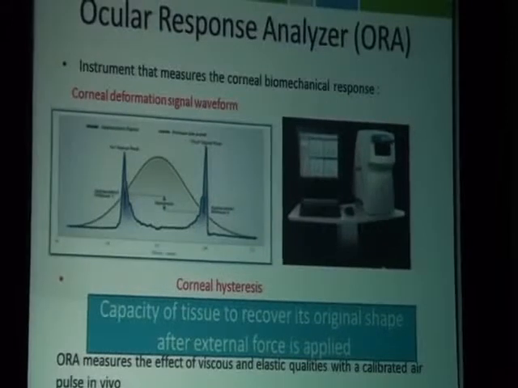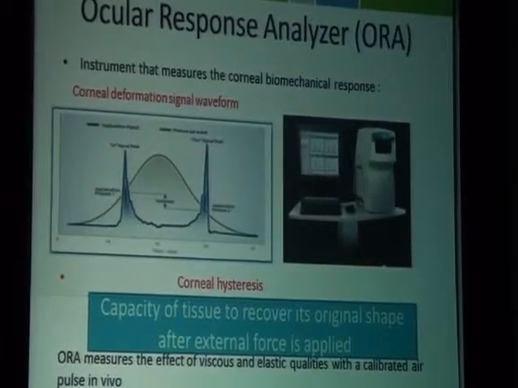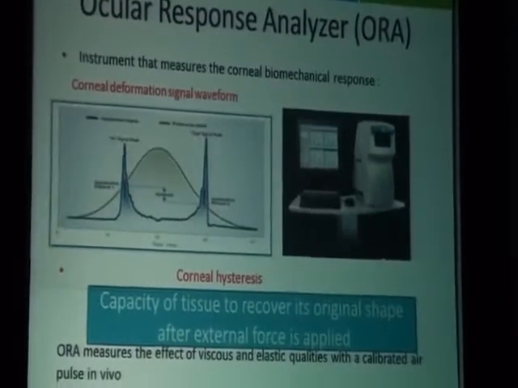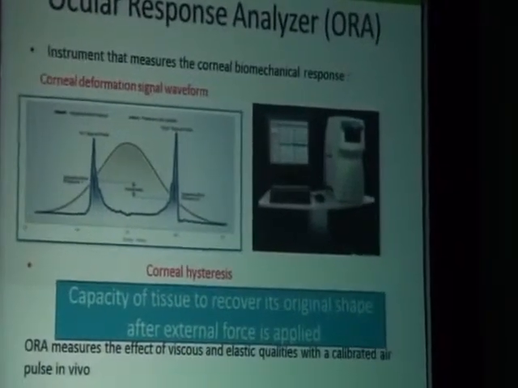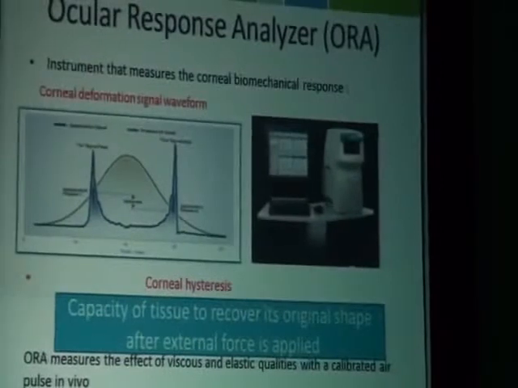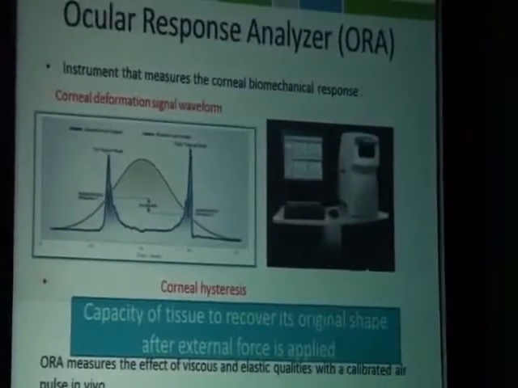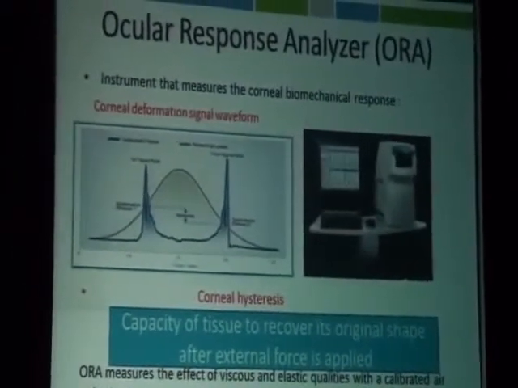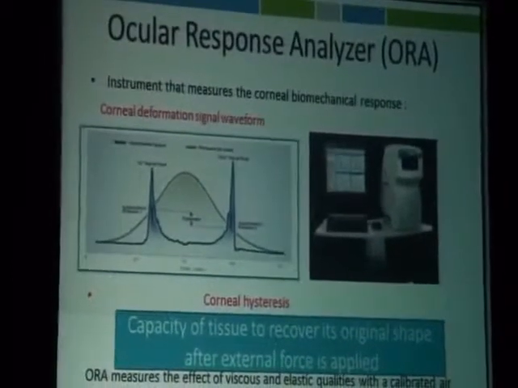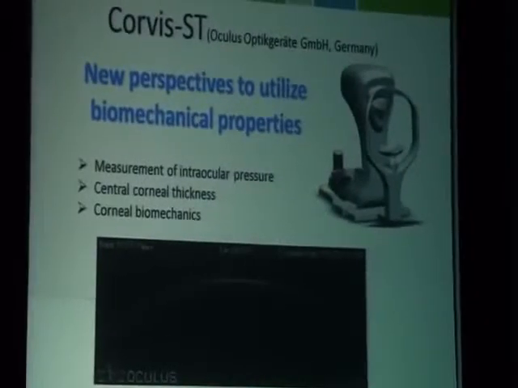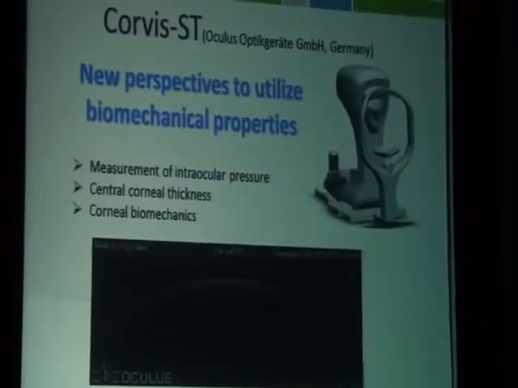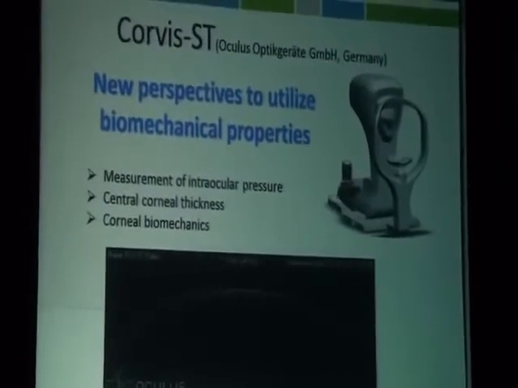So overall, the capacity of the tissue to recover its original shape after external force is applied is what corneal biomechanics is, which has been put into two different things, which are corneal hysteresis and corneal resistance factor. CorVis has been explained in detail. Thank you. I will not go into it.